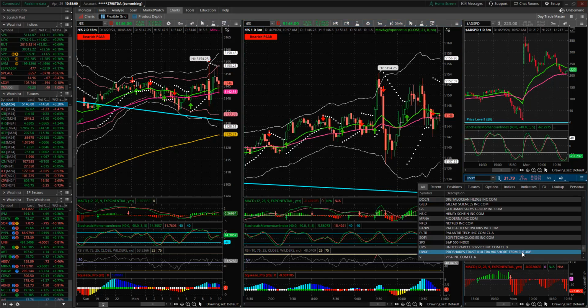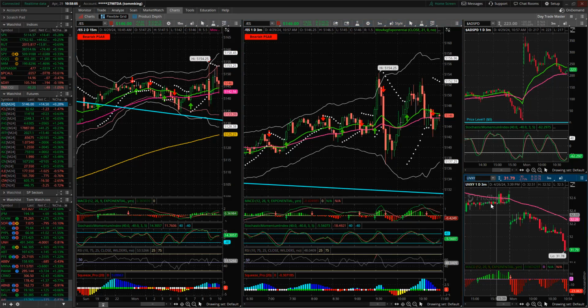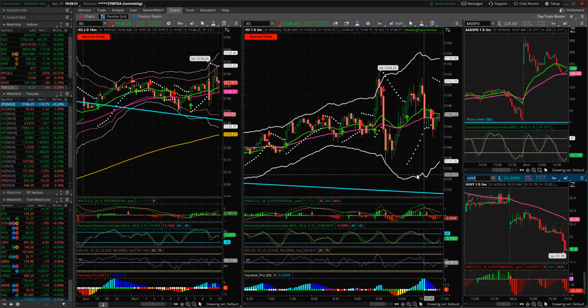UVXY, here is your VIX short-term futures. It's triple leveraged, so it's good for intraday direction. If it's falling, we're typically going to be bullish a bit for that time period. So you can see we've been bullish here since about 10.